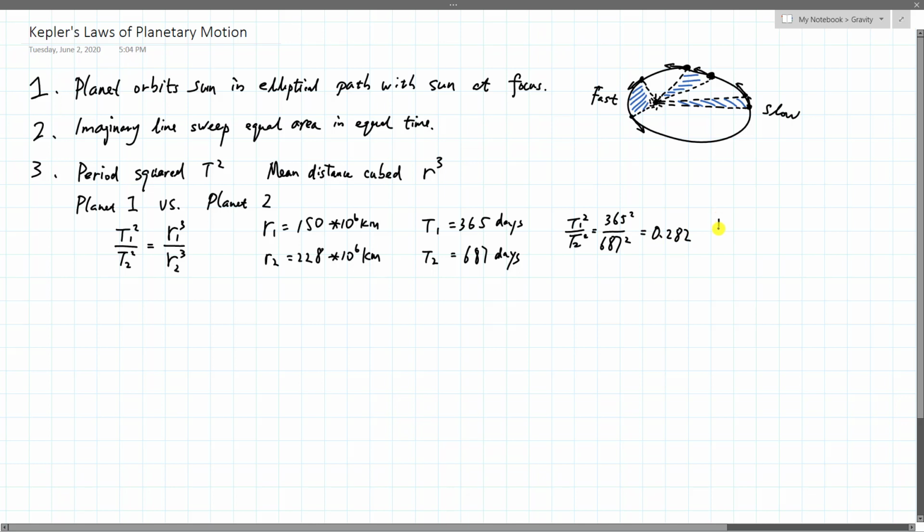And then we'll calculate radius cubed over another radius cubed. So that's 150 cubed, not squared, over 228 cubed. Hopefully we'll see that 0.282.